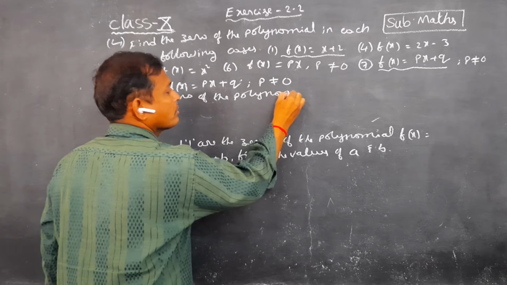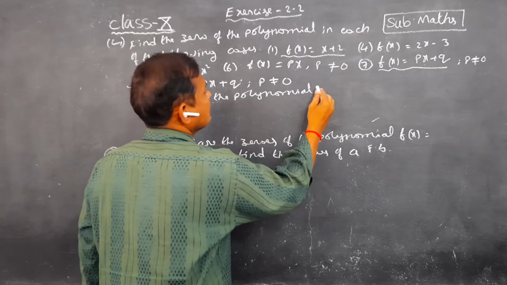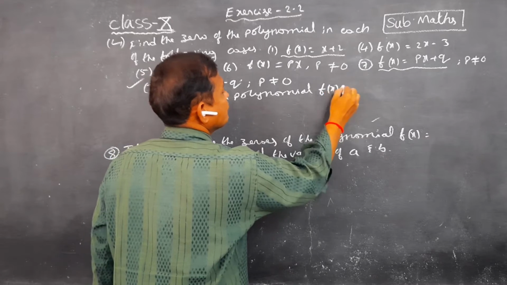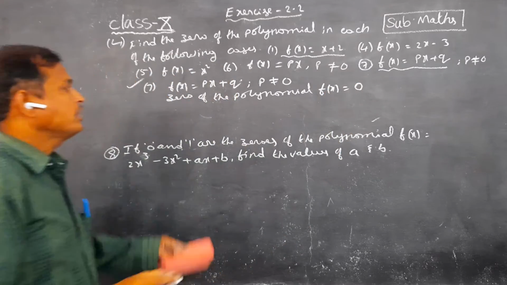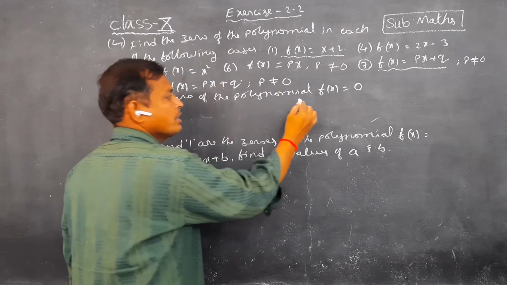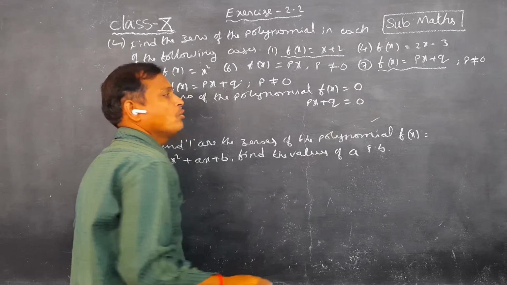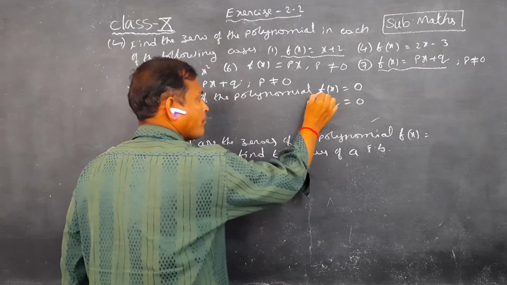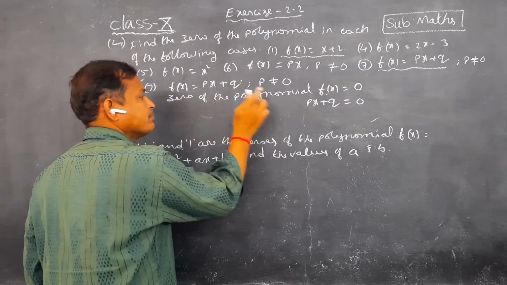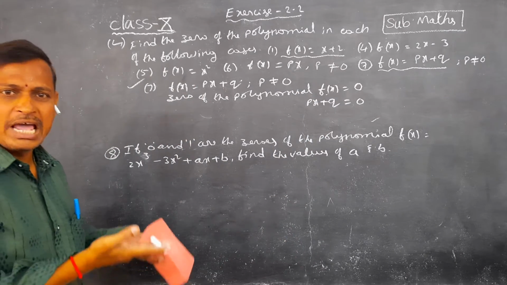Can you tell, children? Yes, f of x is equal to 0. In the given question, px plus q is equal to 0. So the value of f of x is px plus q, and we should find the x value.